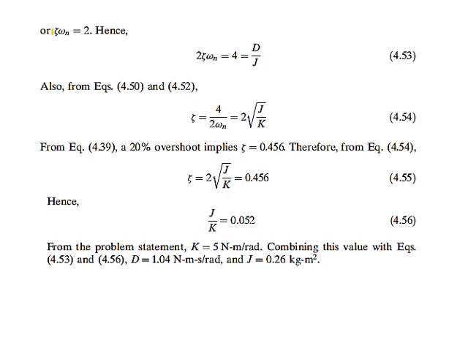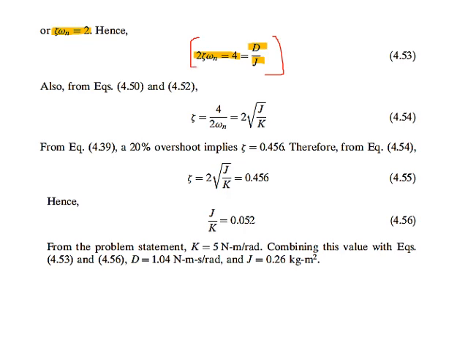On solving we have zeta omega n equals 2. From equation 4.51 we know that 2 zeta omega n equals D over J. So 2 zeta omega n will be equal to 4, and this will also be equal to D over J.